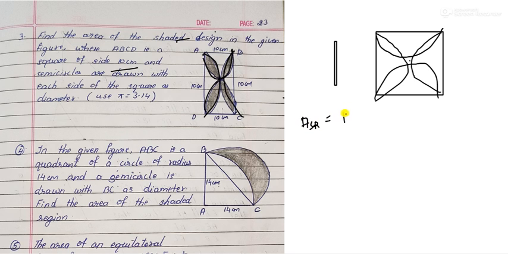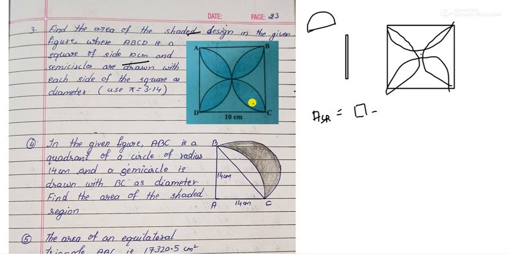Area of shaded region is area of square minus, see, this is one arc, this is again one arc. What will be these arcs? If you look carefully, you can see I have replaced that with the original figure. This is how that figure will look.